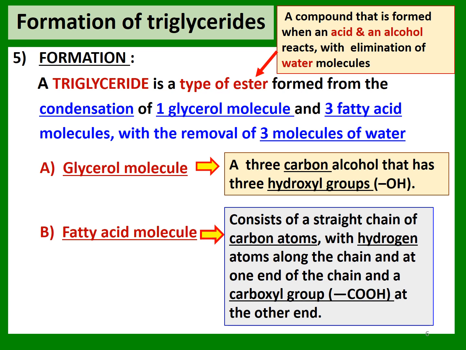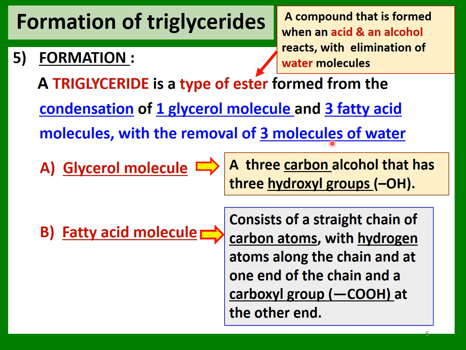Now let's talk about the formation of triglycerides. So what is a triglyceride? A triglyceride, which is a type of lipid, is also known as a type of ester formed from the condensation of one glycerol molecule and 3 fatty acid molecules with the removal of 3 water molecules.